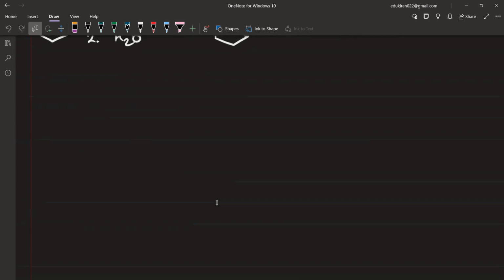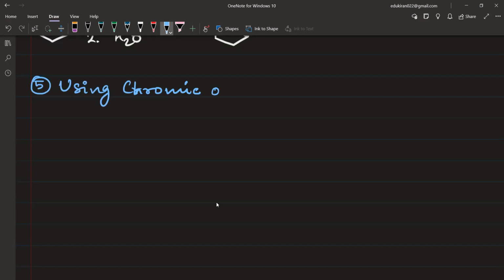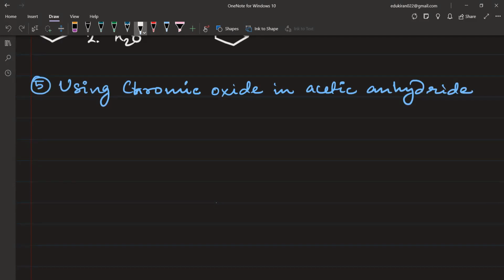Right, next. Using chromic oxide with acetic anhydride. Fifth one. Chromic oxide in acetic anhydride. Right, number one.